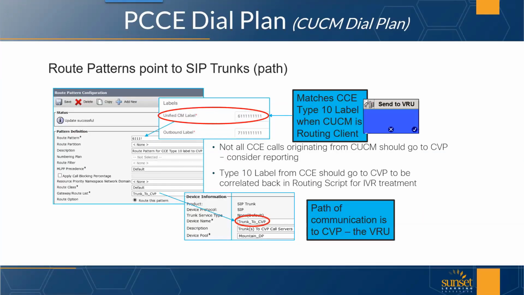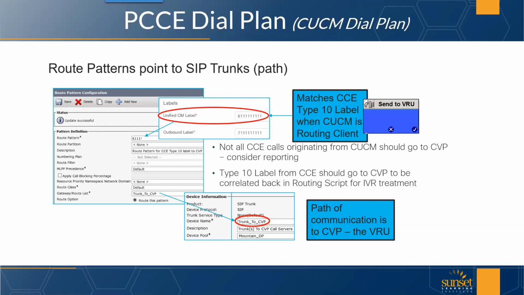They are the paths. My patterns, remember this whole thing is patterns and paths, configured also in Call Manager as route patterns. And each of these route patterns is going to point to the particular trunk that I want to be as the path of that device.